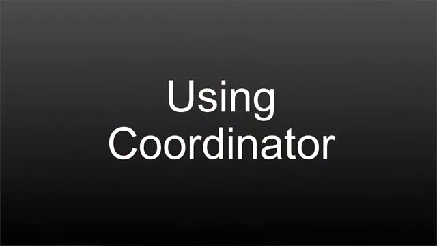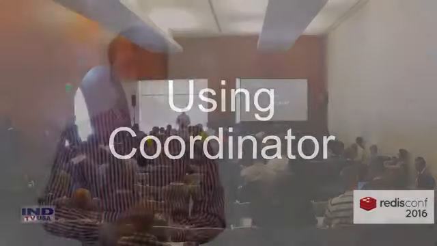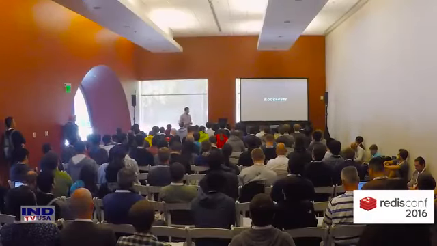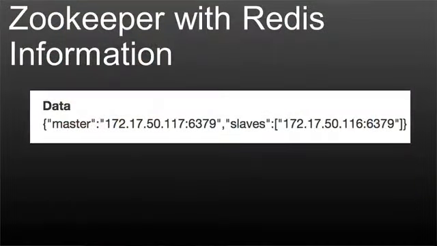And the second way is using a coordinator. We use ZooKeeper as the coordinator. Also, you can use etcd or Consul. Who uses ZooKeeper? Yeah, so many guys. So in ZooKeeper, we add this kind of information: master and slaves.